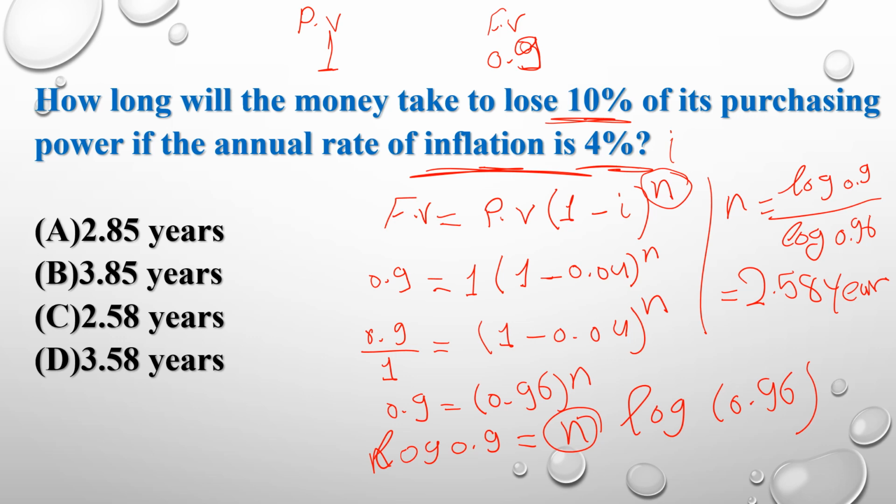So it will take about 2 years and 7 months for the money to lose 10% of its purchasing power because of the inflation rate of 4%. So the correct answer is C.